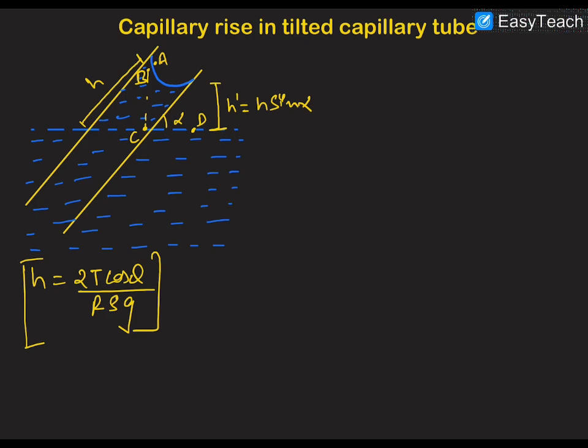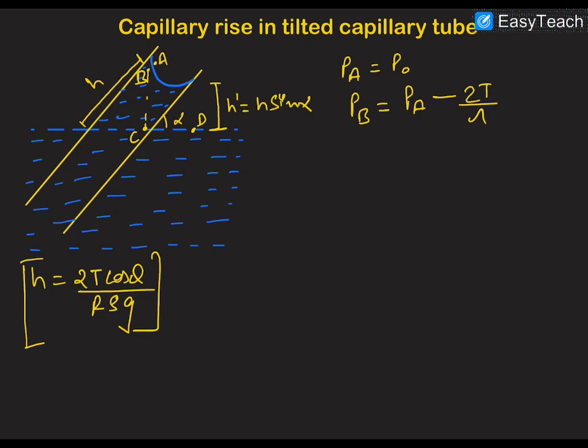Now let us see the case that pressure at A is equal to P naught, because A is completely exposed to the air. Now pressure at B will be equal to P naught, or pressure at A, minus 2T by r, because obviously B is on the concave side of the meniscus.